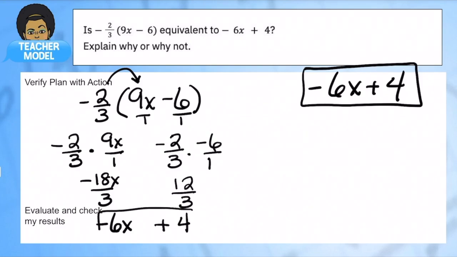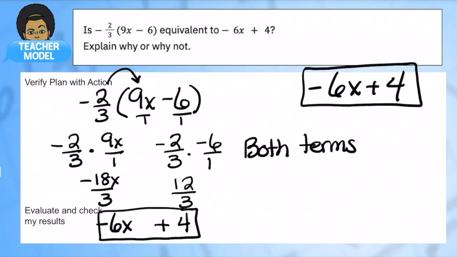So here's my simplified way. Remember, if you simplify both and they're both exactly the same in simplest form, they are equivalent. So negative 6x plus 4 is equivalent to negative 6x plus 4. Both expressions are equivalent.